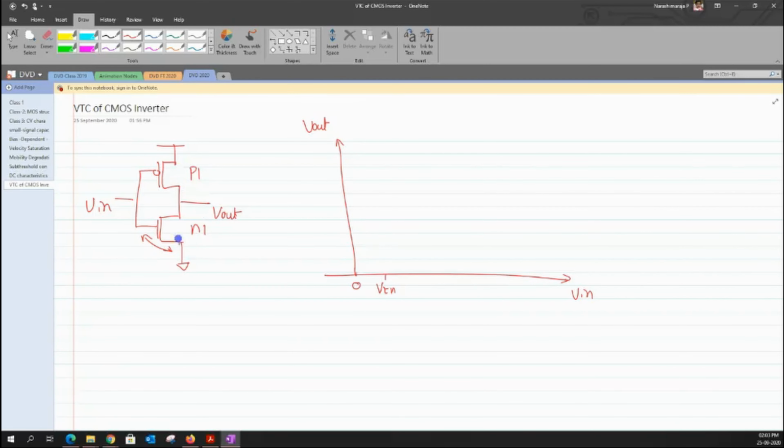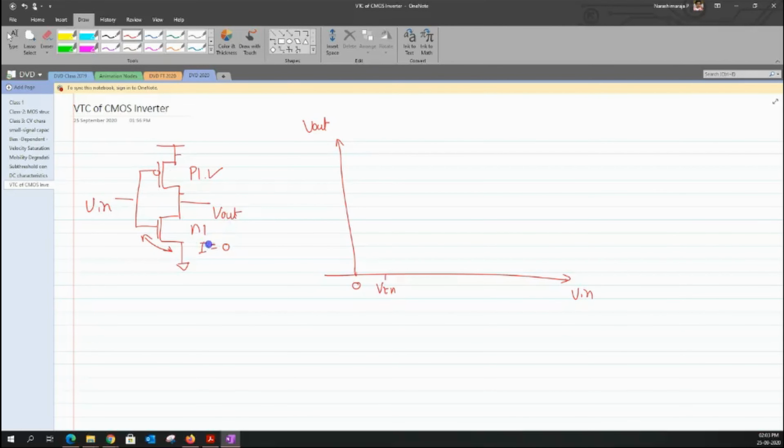Because the NMOS is off, the current conducted by the NMOS would be equal to 0, and the same has to be satisfied by the PMOS. So even though this PMOS was on, it should not conduct any current, which means the potential difference between the source and the drain is supposed to be the same. Only when we have VDS equal to 0 could one achieve a current value of 0 here.